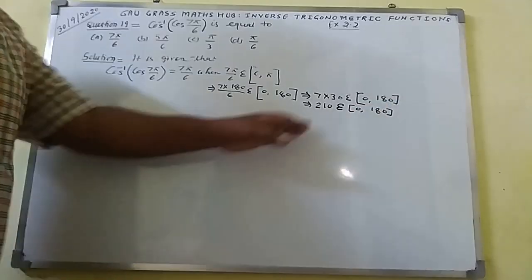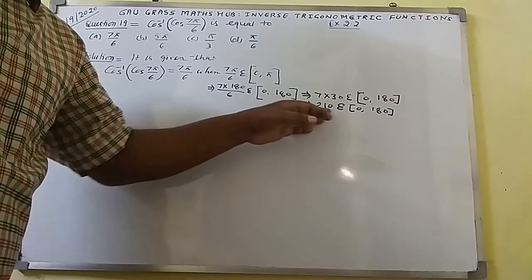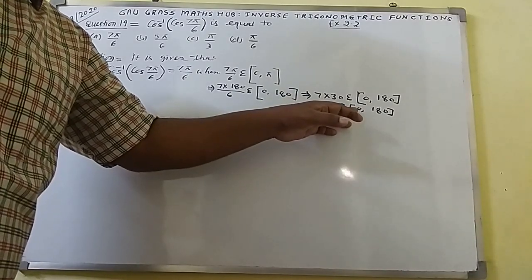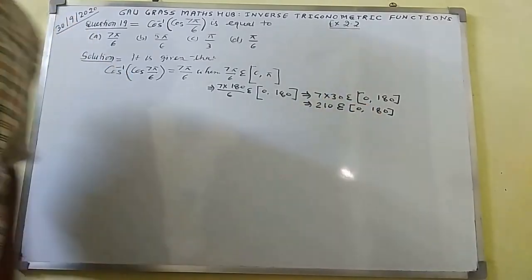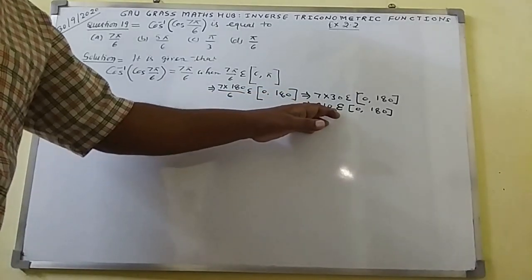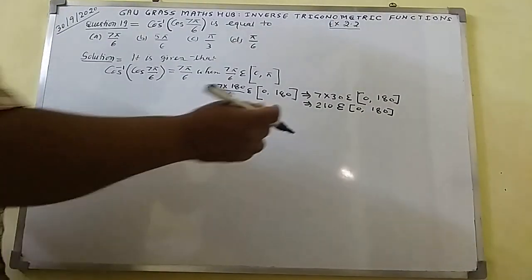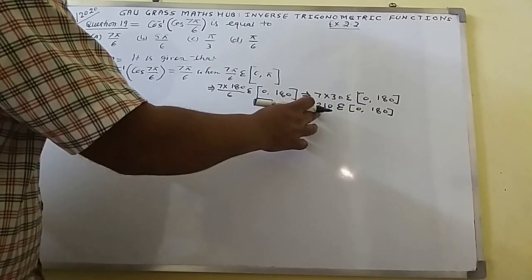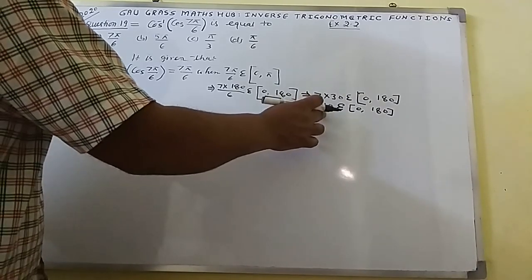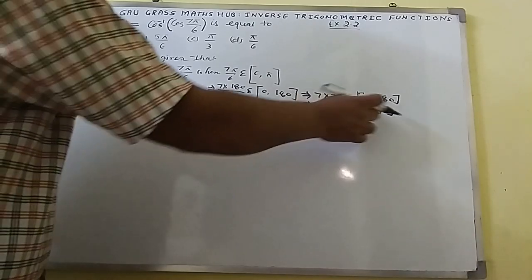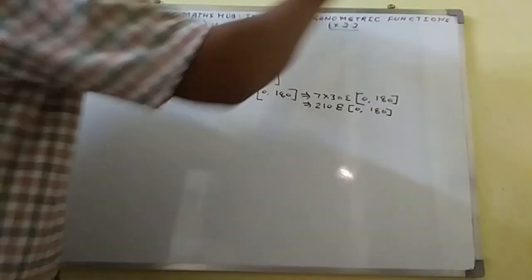So here you can see 210 does not belong to 0 to 180 degree. 210 does not belong to the closed interval 0 to 180 degree, because 210 will lie beyond 180 degree.